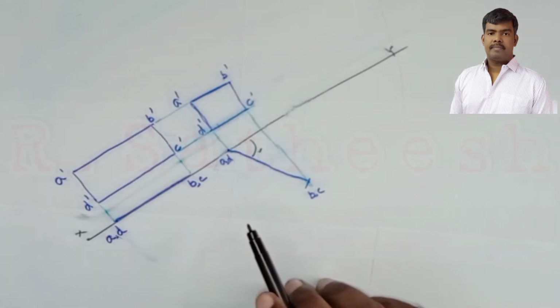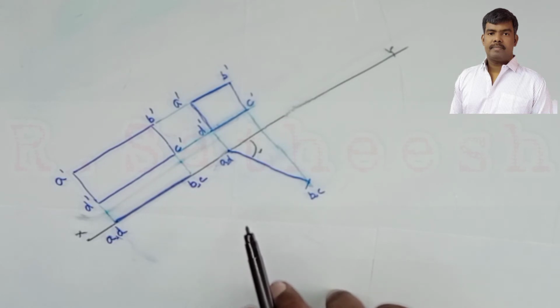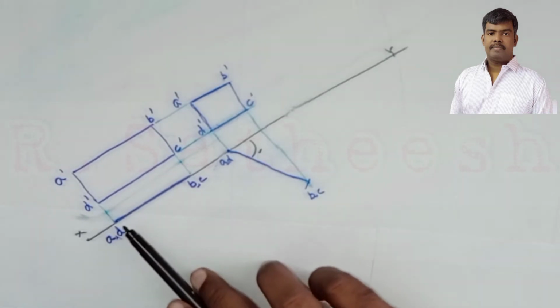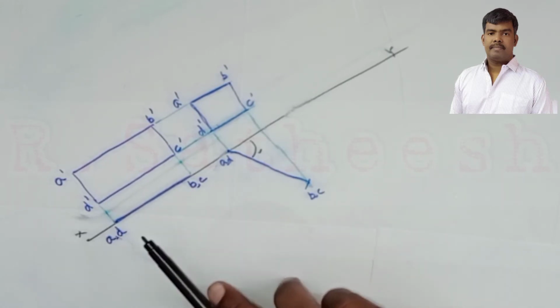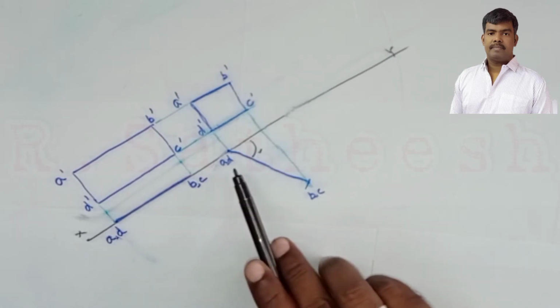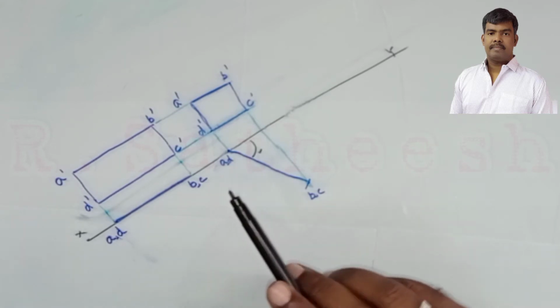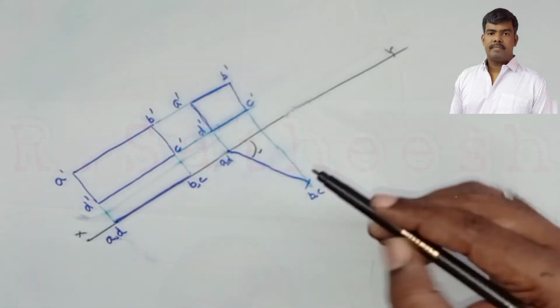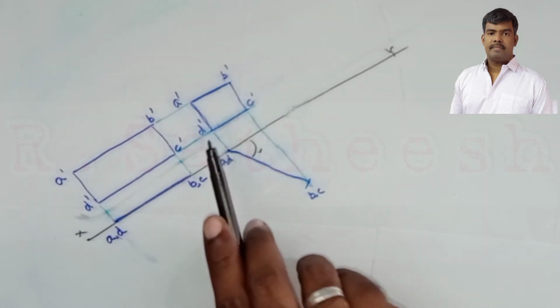Now once again, read the problem. A thin rectangular plate of sides 60 by 30 has a shorter side in the VP, the shorter side A comma D. There are two shorter sides, A D and C B, and we consider any one. Let us consider the shorter side AD in the VP and inclined at 30 degrees to the HP. Now consider the first, second, third and fourth diagrams.